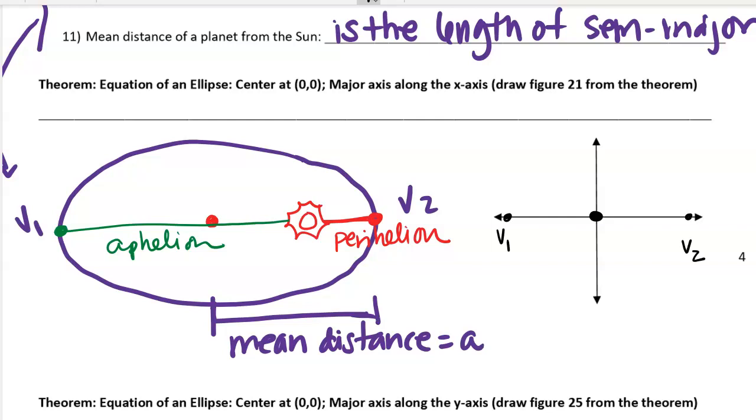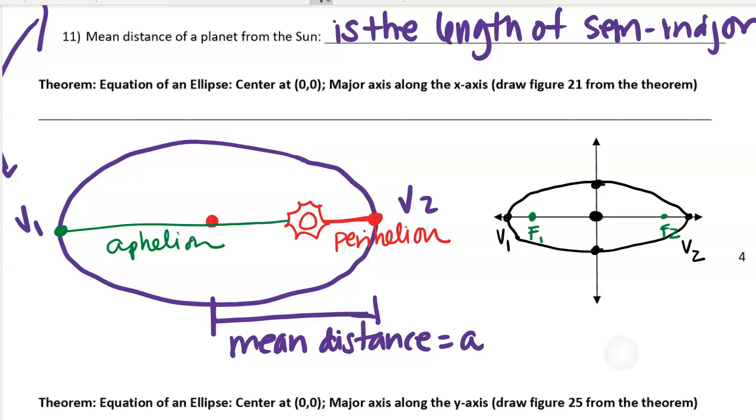So this looks like, so center 0, 0. Major axis is there, so I'm going to make 2 more dots to get our ellipse. So this is the most basic equation of our ellipse. Based on our low-tech demonstration, this is F1, this is F2.